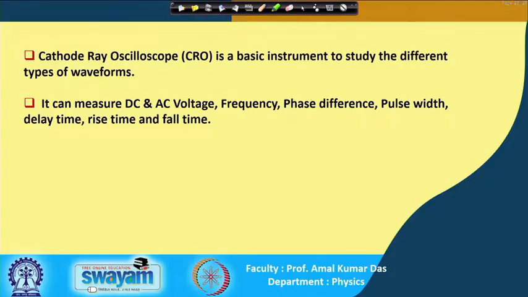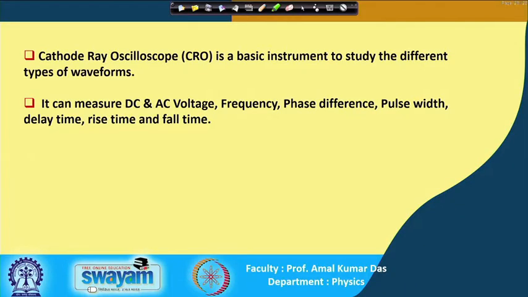Let us see first what is the use of this CRO, what we do with it. CRO is a basic instrument to study different types of waveforms. It is used to measure DC and AC voltage, frequency of the waveforms, phase difference, pulse width of waves, then delay time, rise time, fall time of the waveform.